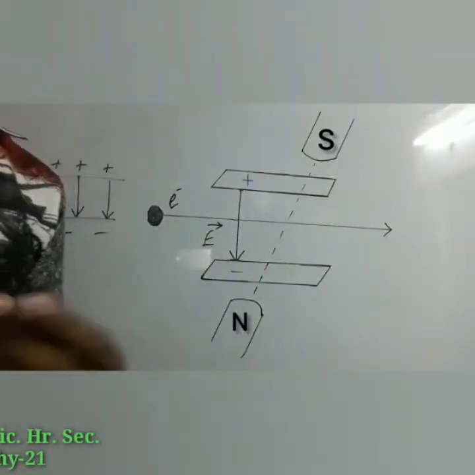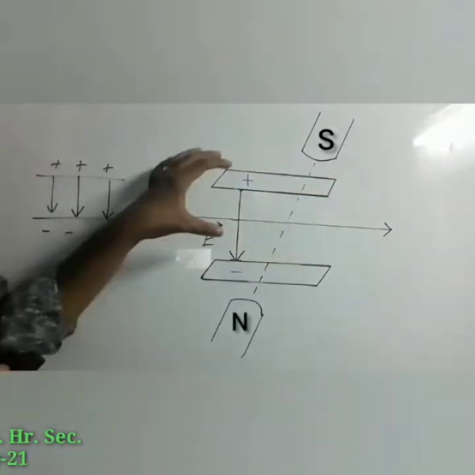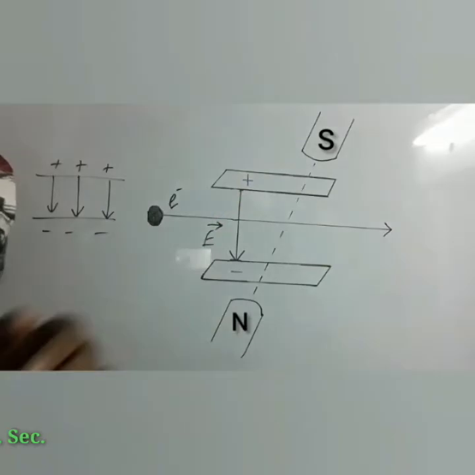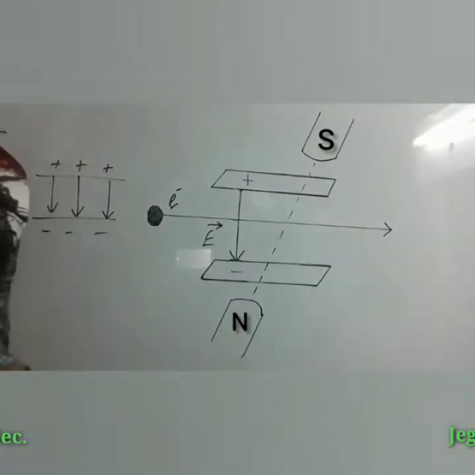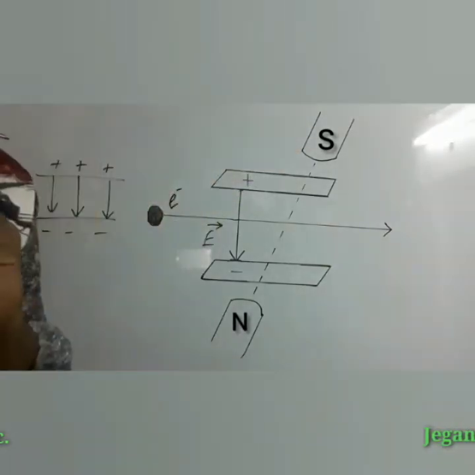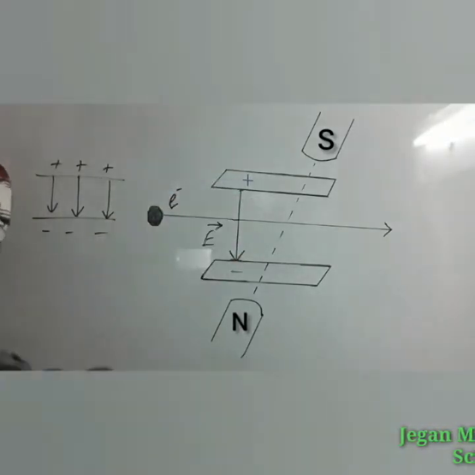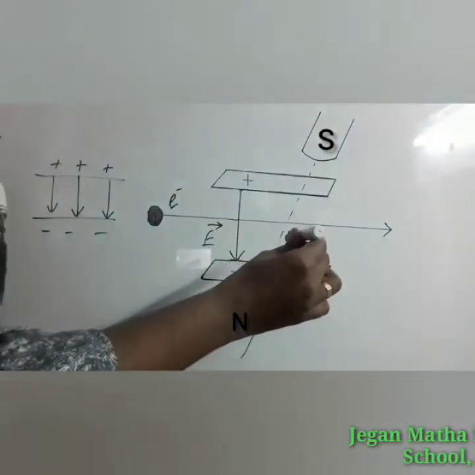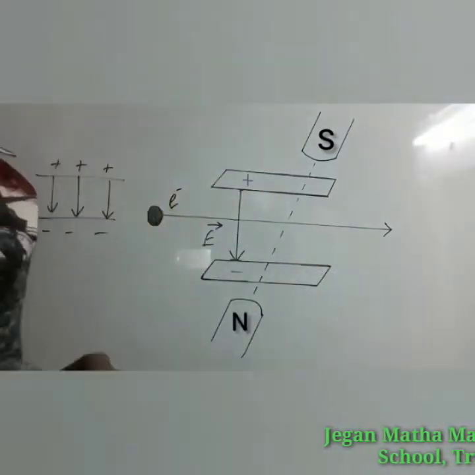To produce a magnetic field, this discharge tube is kept between the poles of the two magnets. Here we have the north pole, there we have the south pole. You have to understand like this: in front of the board I have kept the north pole, behind the board I have kept the south pole.